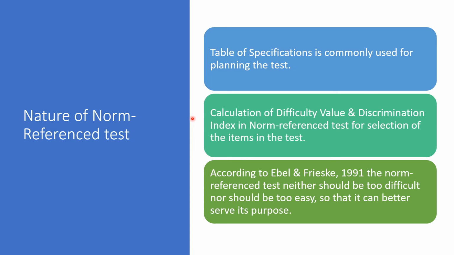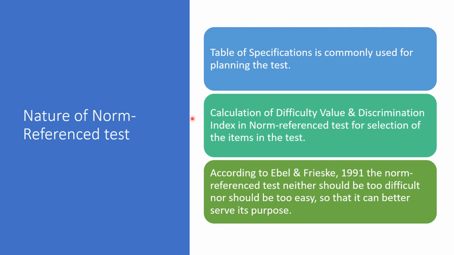But here in the norm reference test we calculate difficulty value and discrimination index. According to Ebel and Frisbie 1991, the norm reference test should neither be too difficult nor too easy, so that it can better serve its purpose. That is why we calculate the discrimination index and difficulty value.